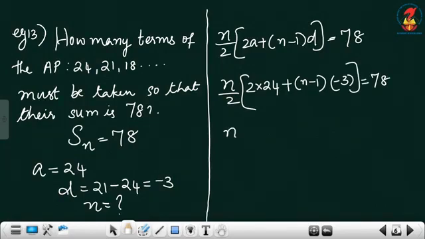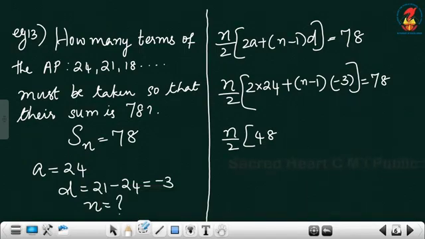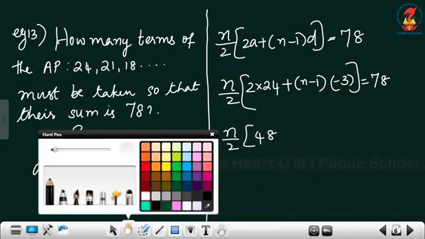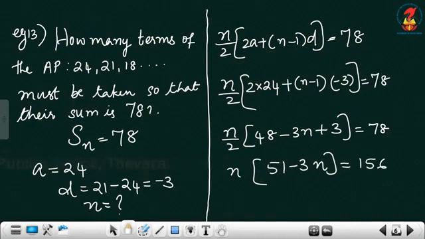So it is n by 2 into 48 minus 3n plus 3 is equal to 78. n into 51 minus 3n is equal to 156.